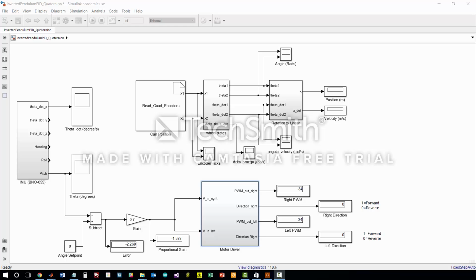Through the use of the blocks that I have designed and outlined in this video, Arduino controller design can be made incredibly easy. Using the IMU block, absolute orientation values are very easily output and analyzed using Simulink. The cart position can be easily tracked, or any motor for that matter, using my quadrature encoder S-function.